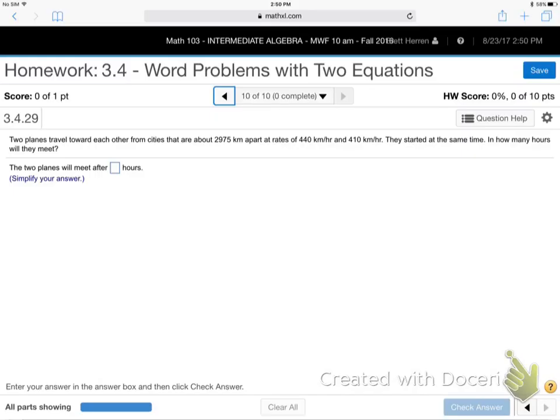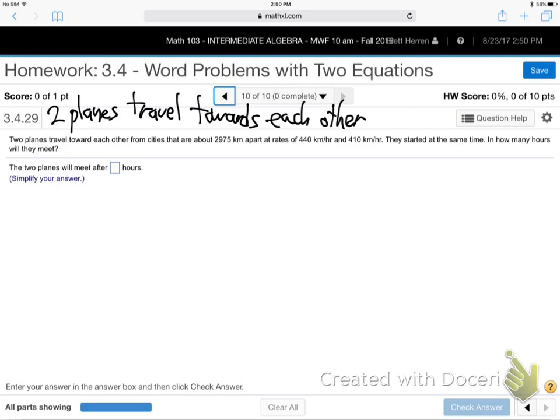All right, so 2 planes. Can you read all that? 2 planes travel towards each other from cities 29.75 kilometers apart.